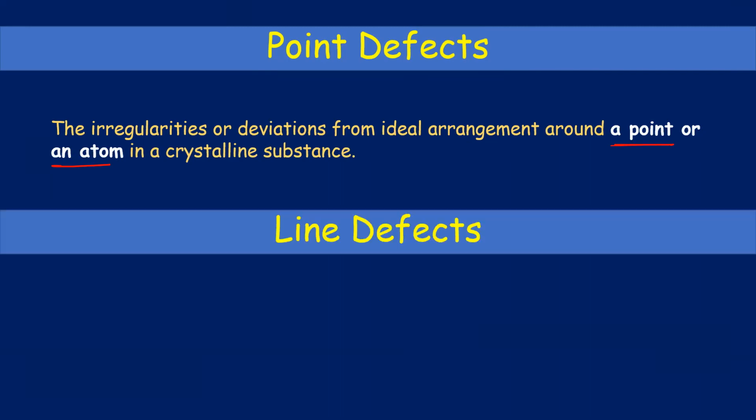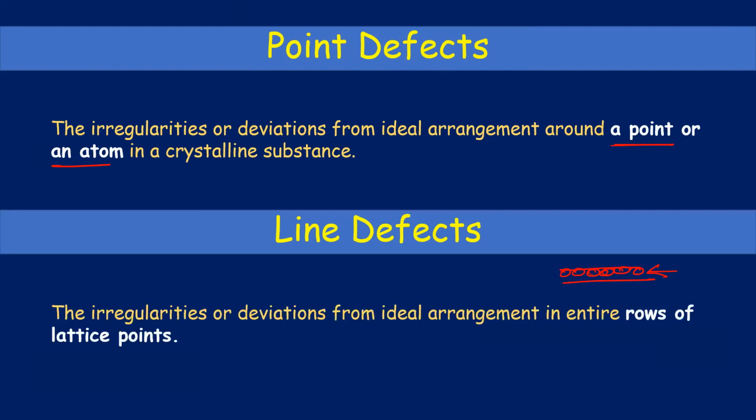Then you have a line defect. In a line defect, a whole row of atoms is disturbed. The irregularity is in an entire row of lattice points. So this is point defect and this is line defect. Easy parts to remember, yes or no? Can you remember this?